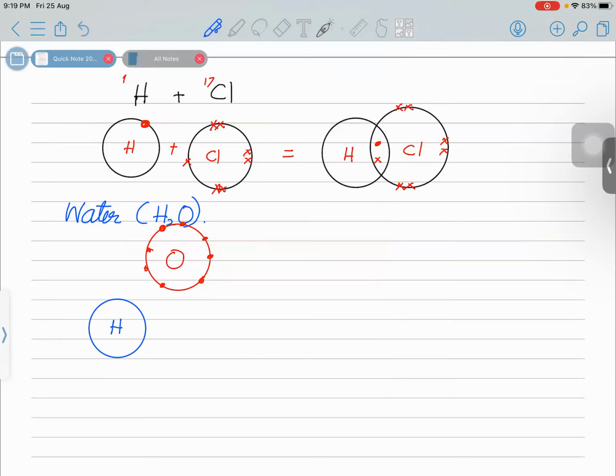Sir, isn't there 6 electrons in the valence shell of oxygen? Oxygen is 8, right? 2, 6. So 1, 2, 3, 4, 5, 6, 7, 8. I'm sorry.